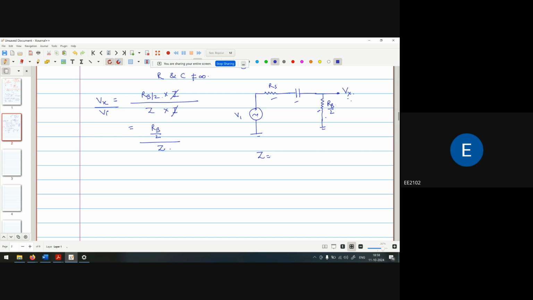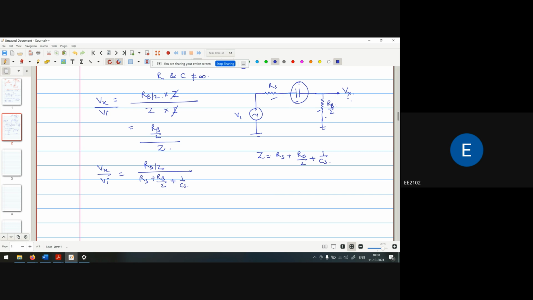There are three components, all in series, so Z is Rs plus Rb by 2 plus 1 upon Cs. So Vx upon Vi should be equal to Rb by 2 upon Rs plus Rb by 2 plus 1 upon Cs.